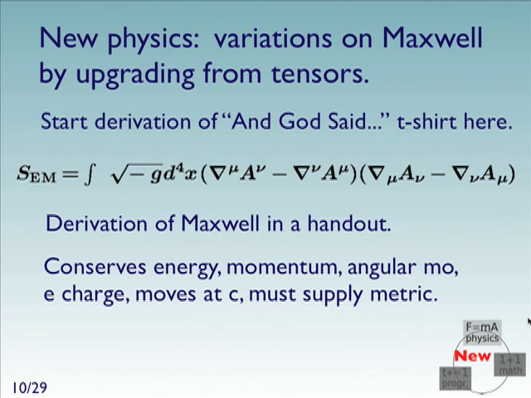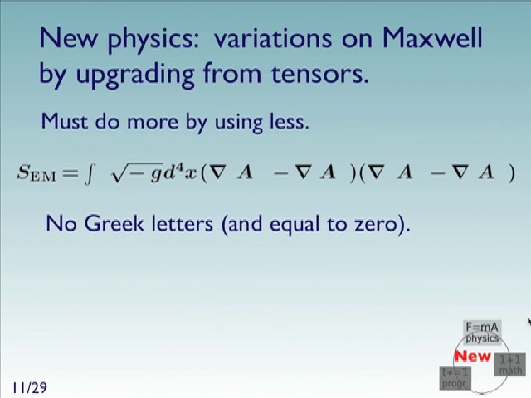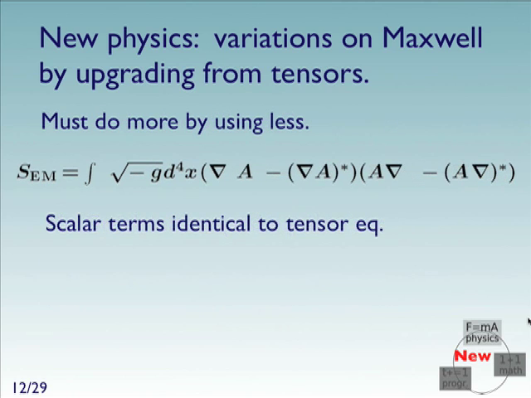There is not one term or one sign different from this written in the tensor formalism and this written in the quaternion formalism. So you say, then you have accomplished nothing. Right. But now I have additional powers. And I'm going to try to use them wisely.